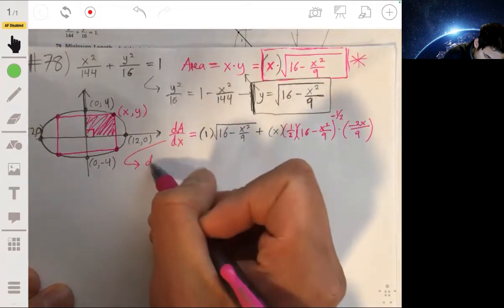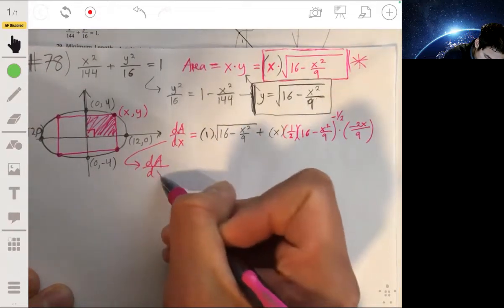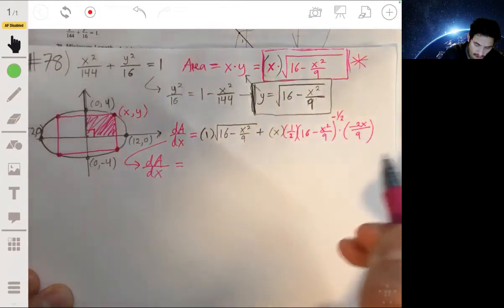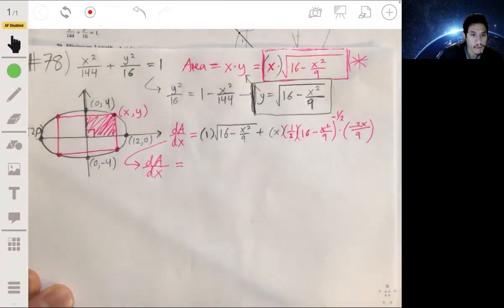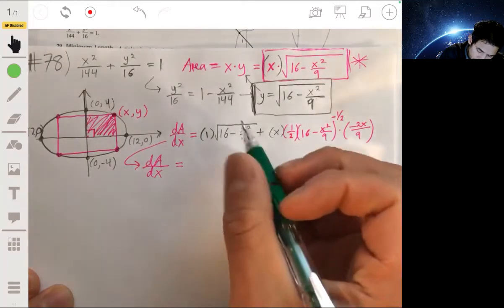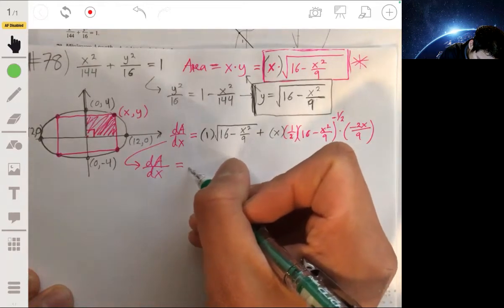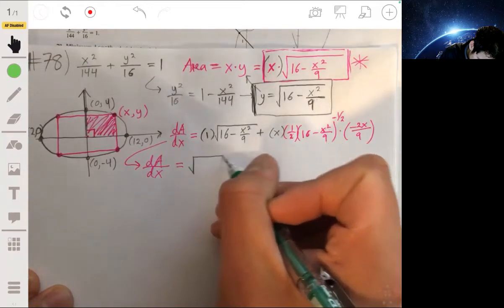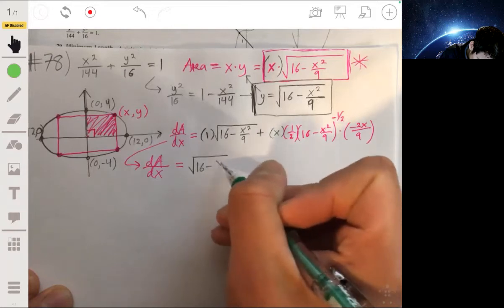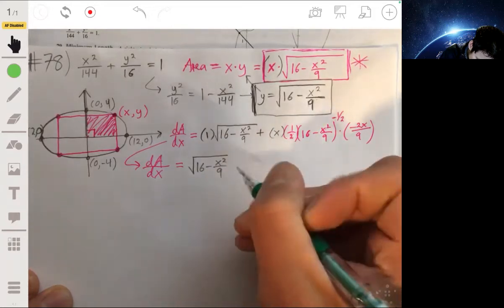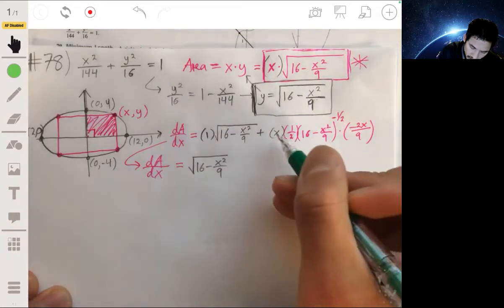So let's rewrite this a little cleaner, so that it's easier to work with. Well, dA/dx will be the square root of 16 minus x squared over 9. So we're going to have a plus.